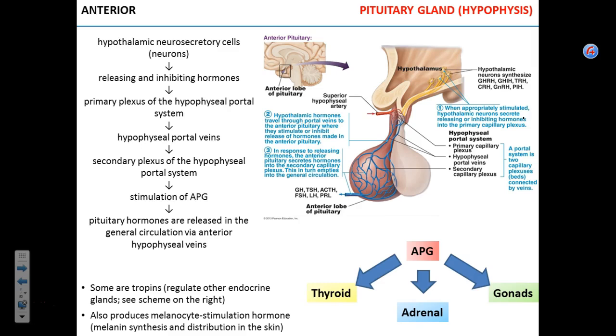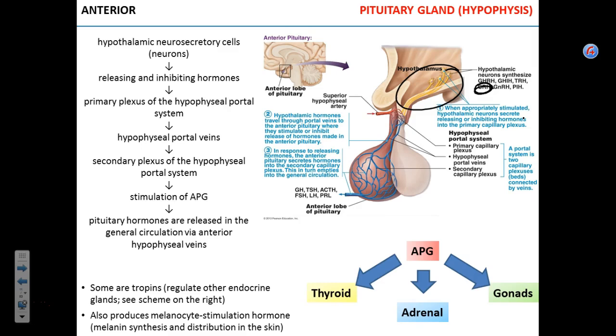Now, the communication between the hypothalamus and anterior pituitary is established in the blood vessels. So here is how it works. There is a certain hormone that's produced in the hypothalamus. Let's say it's CRH, okay? Corticotropin releasing hormone.